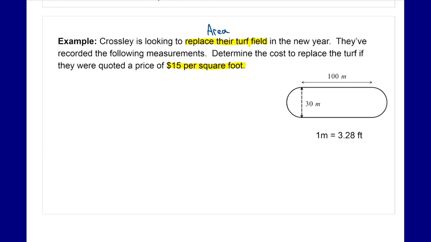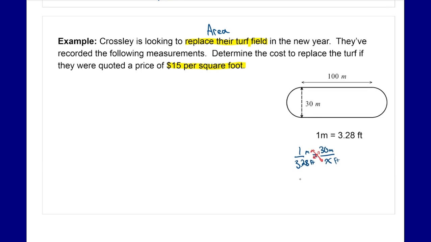So we're going to convert using proportional reasoning. 1 meter over 3.28 feet is going to equal 30 meters over an unknown amount of feet. So meters and meters, feet and feet. I'm going to cross multiply.